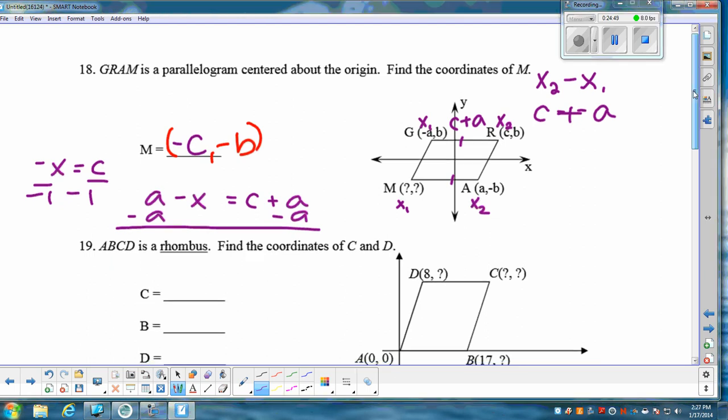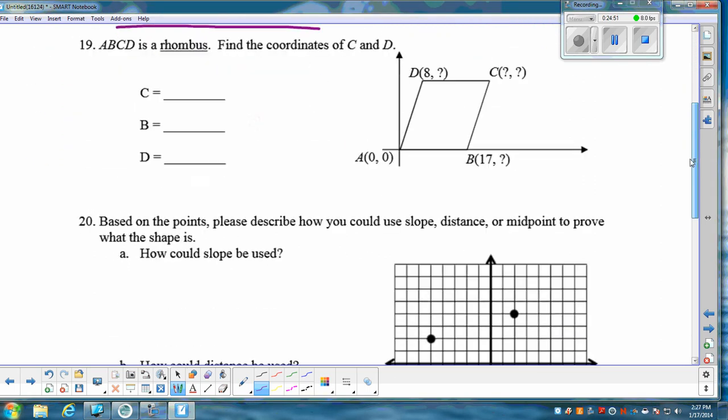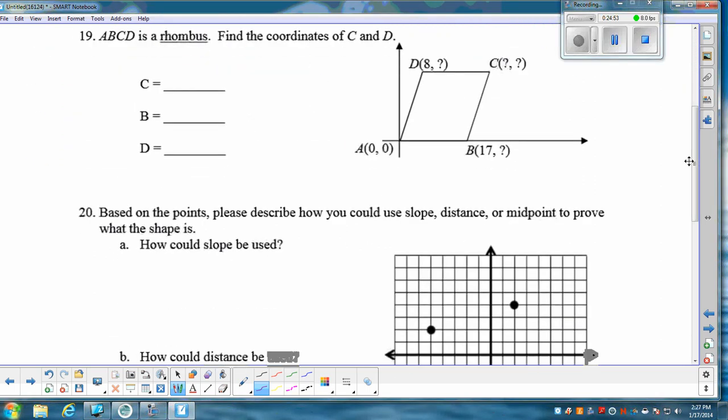All right, so then we get to number 19. Okay. So we know that ABCD is a rhombus, which means we know all of our sides are congruent. And since AB is horizontal, I can easily find my distance. I just subtract my x's. So I get that the length is 17. So they all need to have a length of 17.